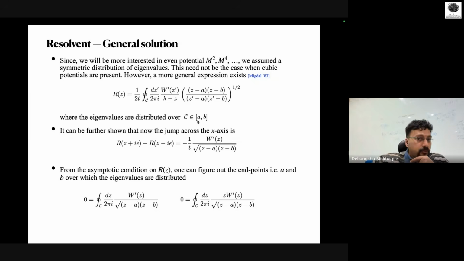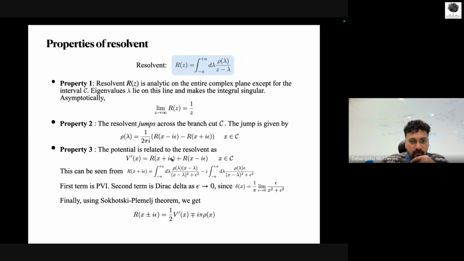So let this be distributed from A to B. What you can further show is that the jump across the x-axis, if you have something very general like this, is given by this, the second line here. So this is nothing but the analog of this relation, this rho of lambda.